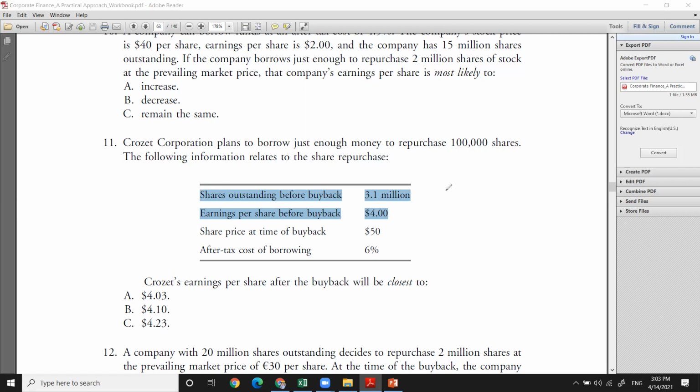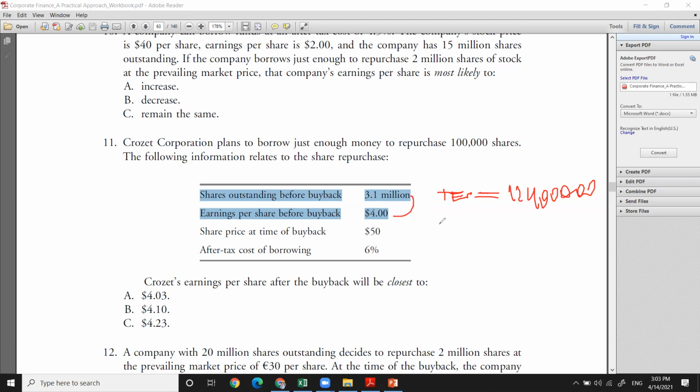So total earnings will be equal to 12,400,000, and this is total earnings before the buyback. We are just following the formula.